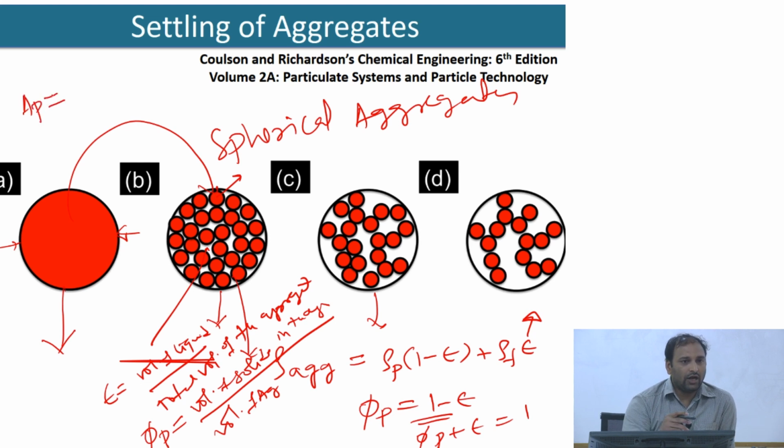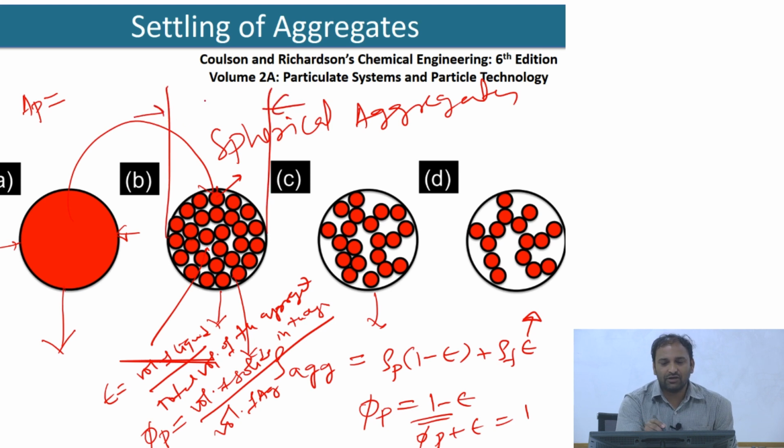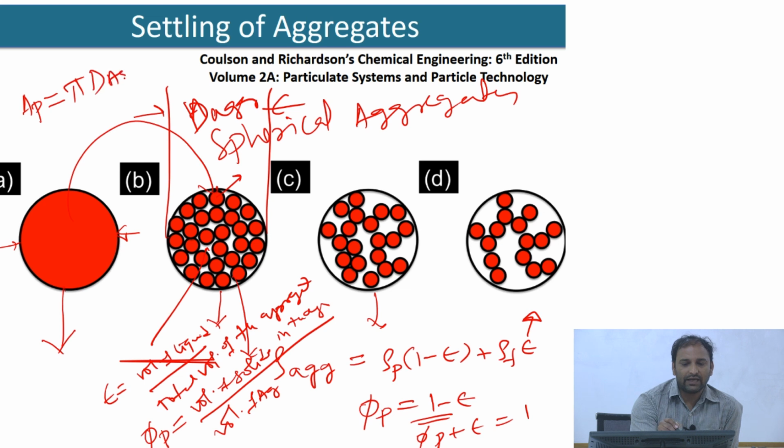Now, instead of a solid sphere settling, I am going to assume that an aggregate is settling, and if I have some way of measuring the diameter of the aggregate, the projected area would still be pi d aggregate squared divided by 4.